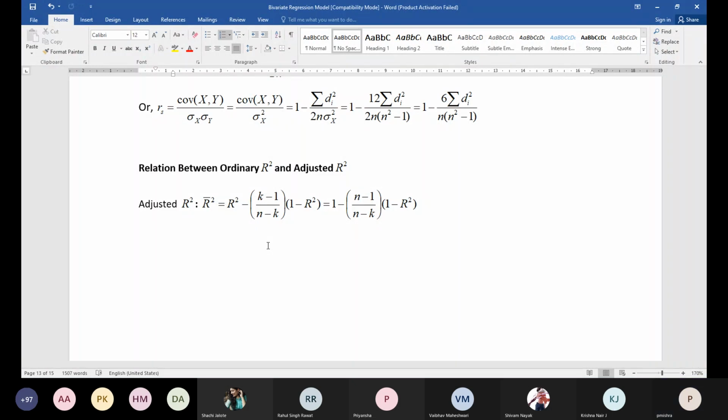So it doesn't matter how many variables you include as independent variables, you will see adjusted R square value to be less than the ordinary R square, because this part is positive. Only when k is equal to 1.